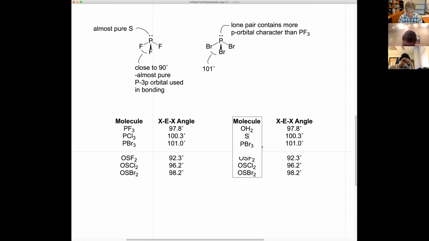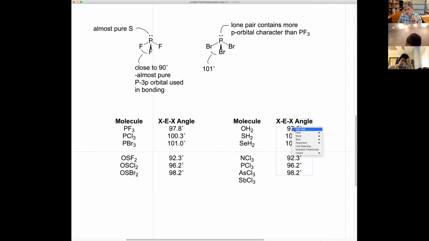This time, we're not going to change the substituents, we're going to change the central atom. Okay.